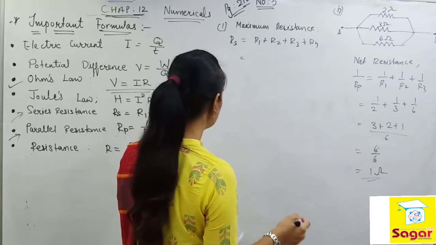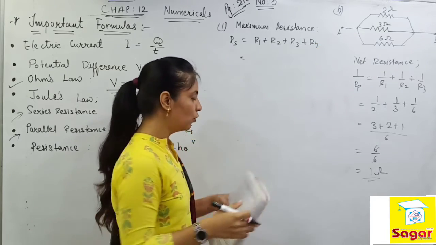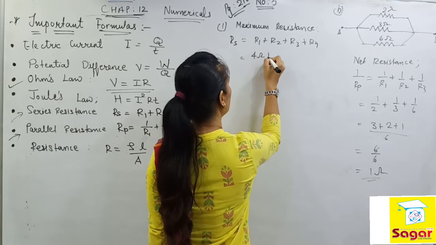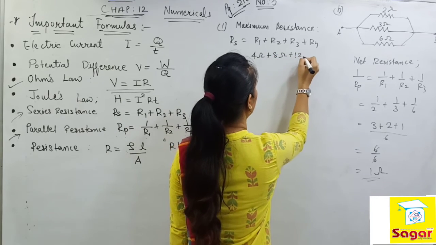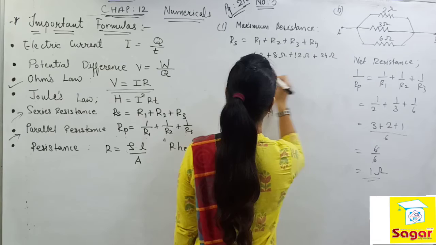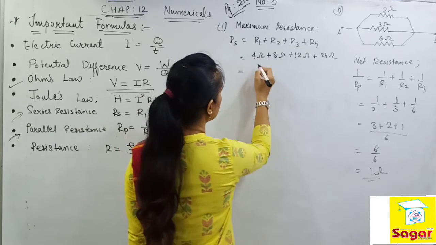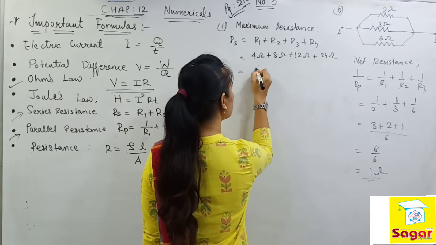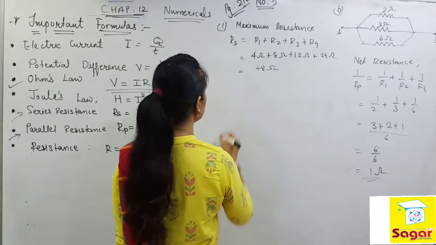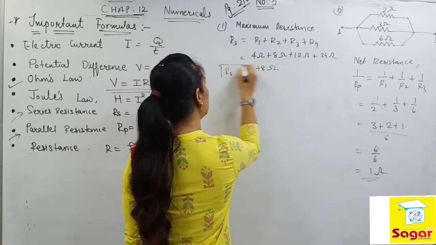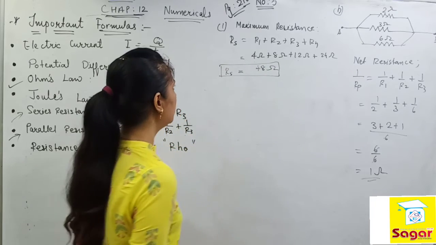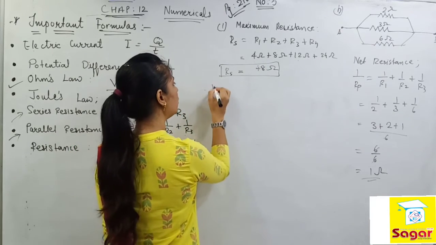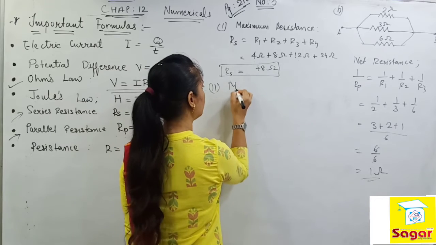The individual values are 4 ohm plus 8 ohm plus 12 ohm plus 24 ohm. So how much is the addition? 12 plus 12 is 24, 24 plus 24 is 48 ohm. So this much is the maximum value of resistance that can be offered, and now how much the lowest, the minimum value, can be offered.